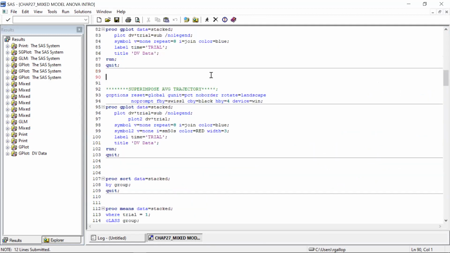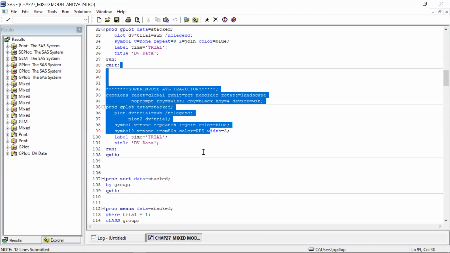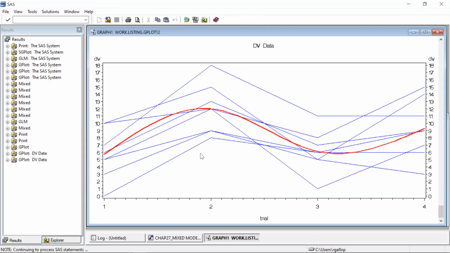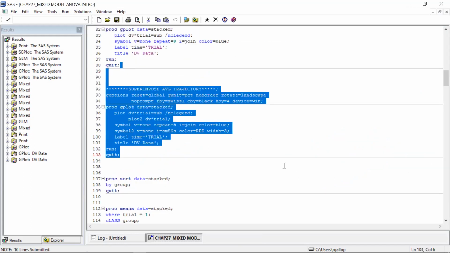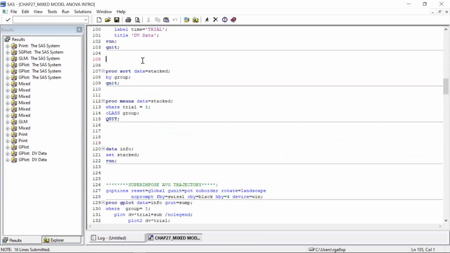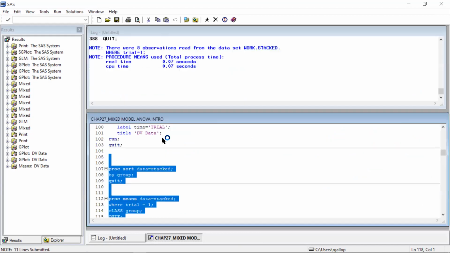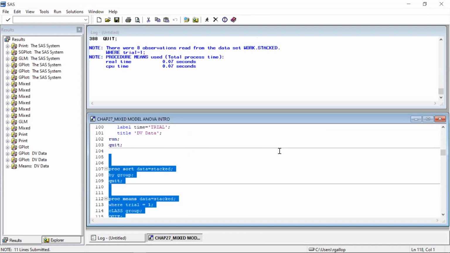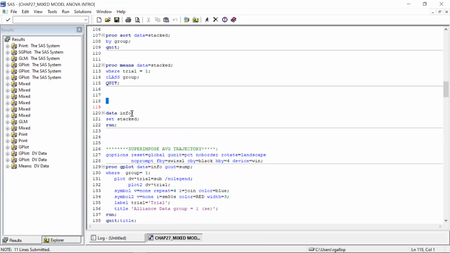And then if we go here, it's giving us a smooth trajectory. It looks like almost a trigonometric sine: we go up at trial 2, come down at trial 3, and start working our way back up. Here we have 4 and 4 observations for each of the 2 groups.